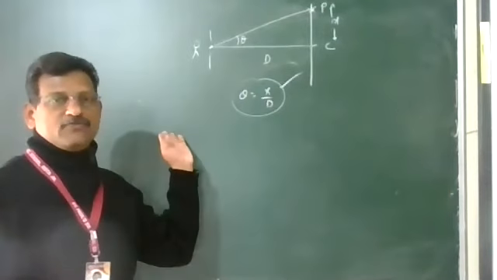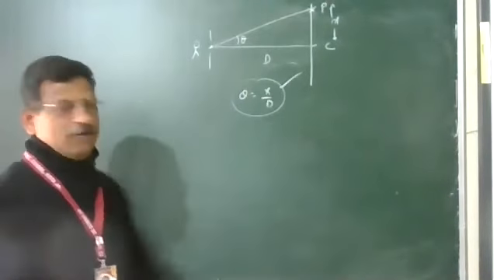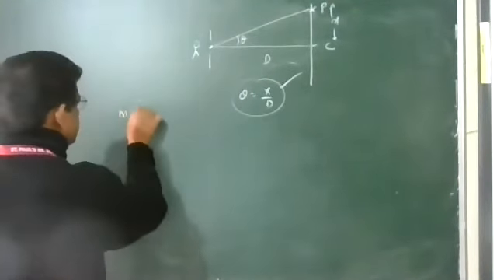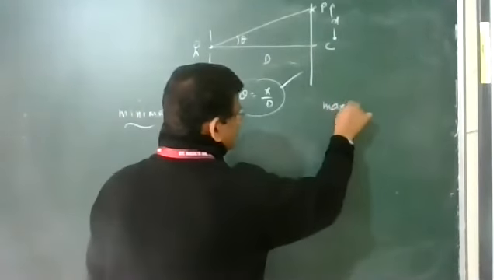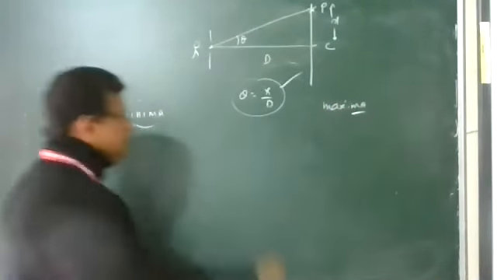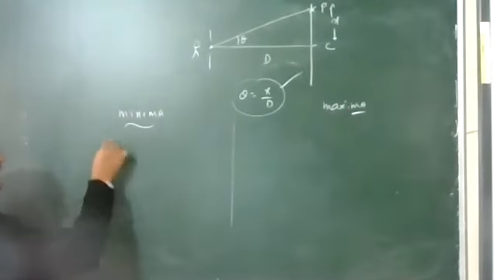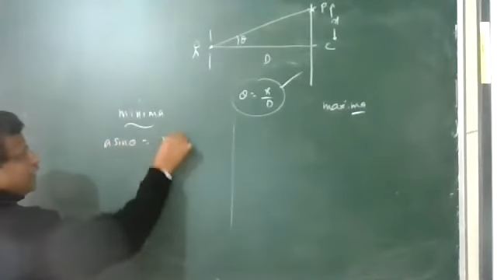Now we write the condition for minima and maxima. This is for minimum and this is for maximum. For minimum, the condition is a sin theta equal to n lambda.